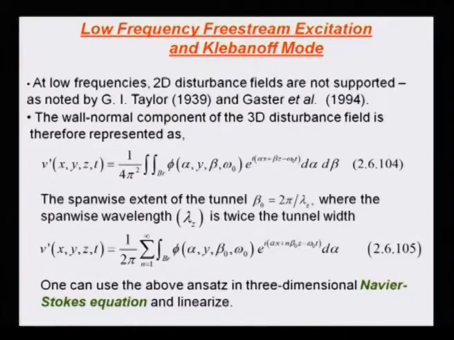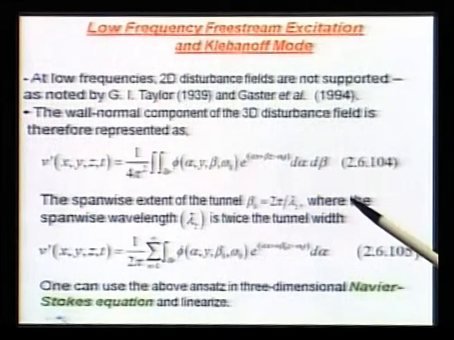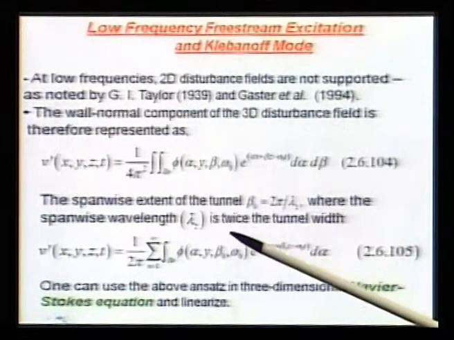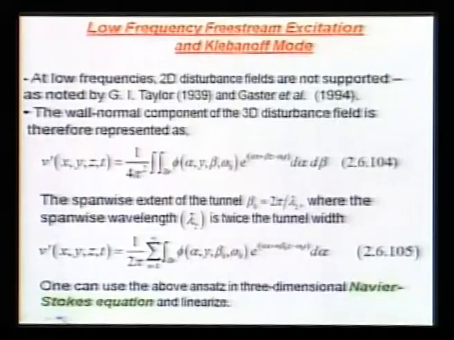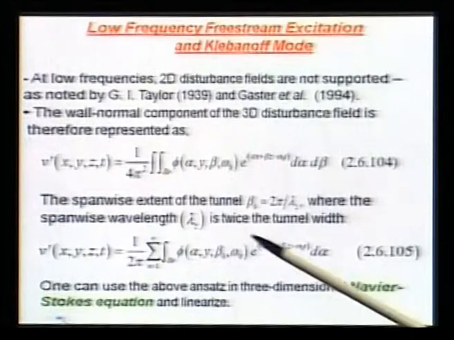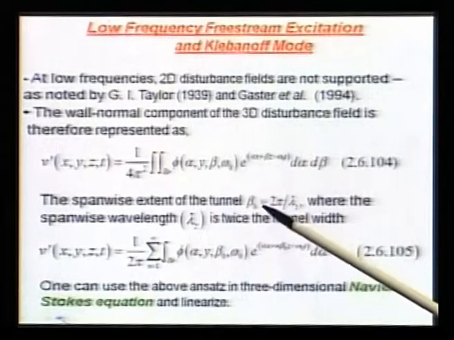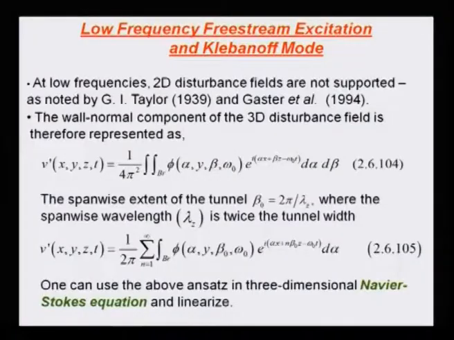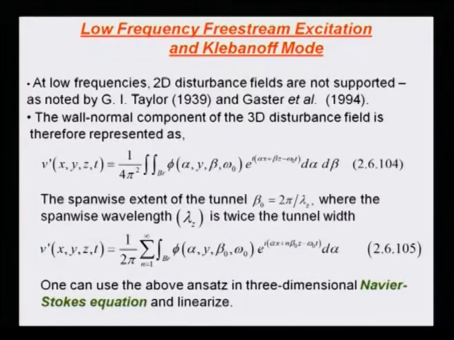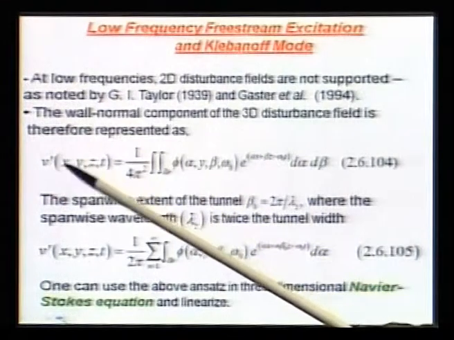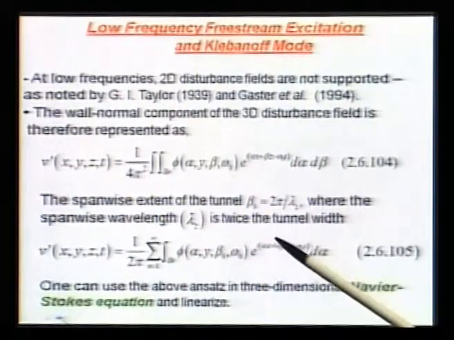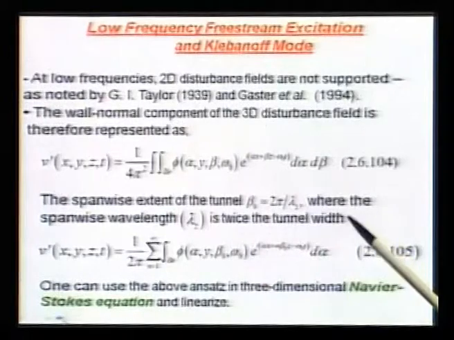So, I can actually find out the tunnel width, multiply by 2, and I get a span-wise wavelength, which I will call lambda z, and the corresponding wave number I am calling beta naught, right. So, what we do is that I could write down, let us say, the v component of velocity as a linear combination of all these modes, because that is the maximum wavelength I can do.